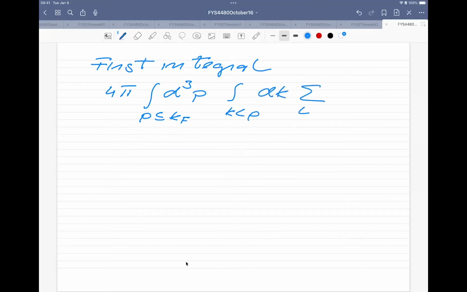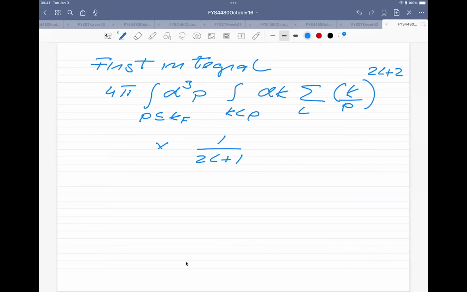And then I have k over p to the power of 2L. And then I get, as I said, 2L plus 2 here, because I had 1 over p squared. I take out the angle, and now the k has a k squared, so that gives me the other factor of k to the power of 2. And this is then multiplied with a sum which goes like 2 over 2L plus 1.